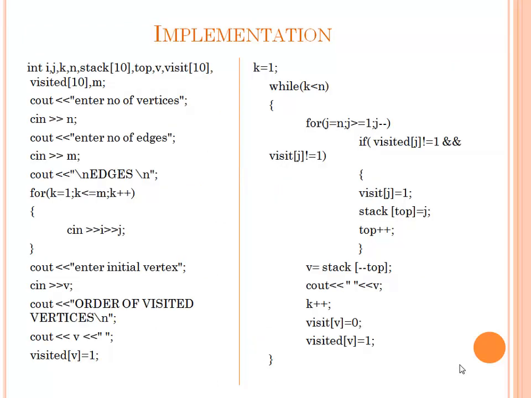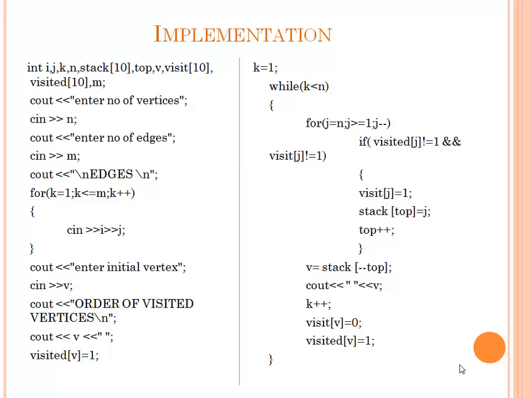Here is a program for the implementation of DFS graph traversal. Enter the number of vertices n, enter the number of edges m, give an initial vertex v, mark it as visited, so visited[v] = 1. If j is not visited, visit it and push it onto the stack. That is, if visited[j] is not equal to 1, then visited[j] = 1 and stack[top] = j.